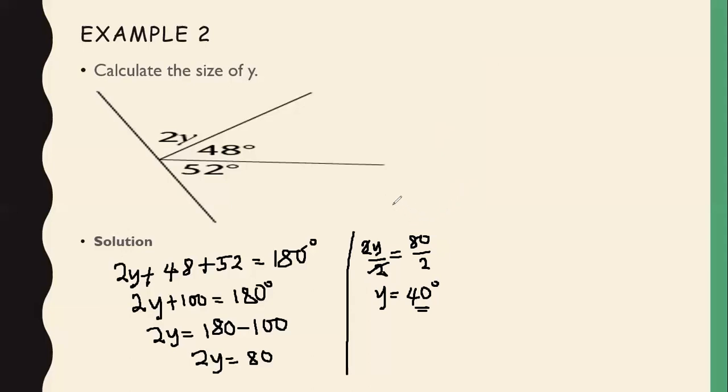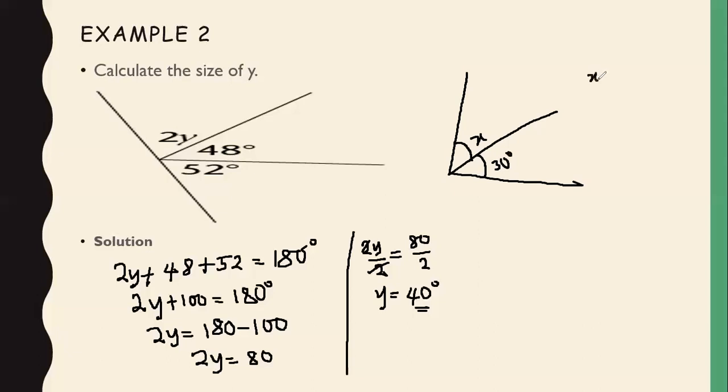Remember, every question we have solved so far, and the one we're still solving, is on supplementary angles, right? Now, let me give an illustration on complementary angles. Let's assume we have something like this, and this is x. This is 30 degrees, and you're asked to look for x.